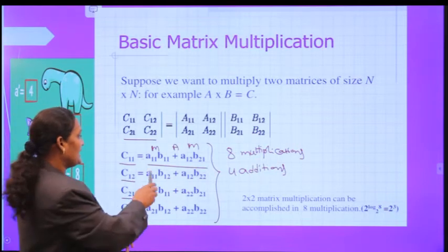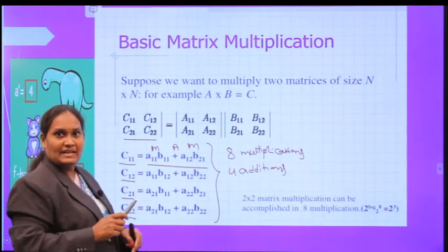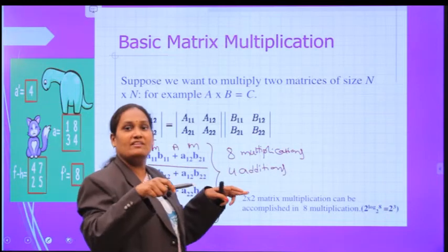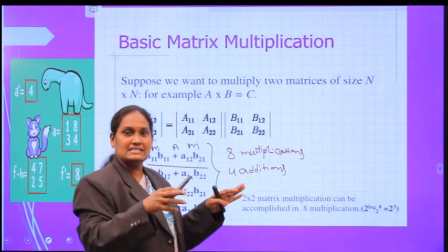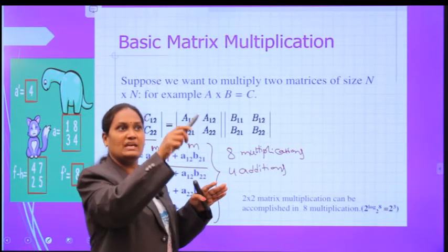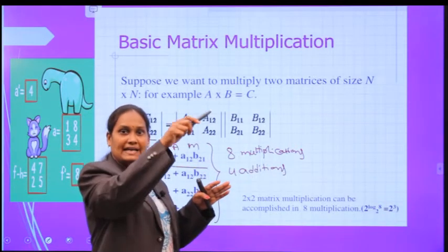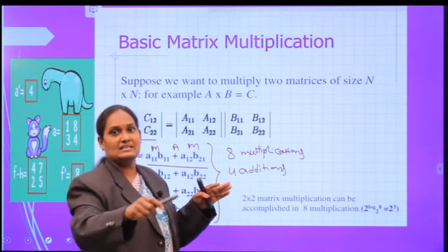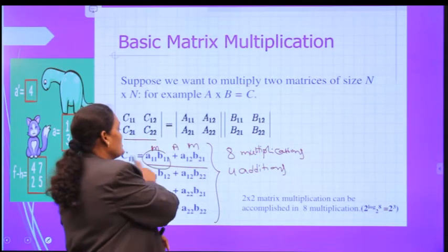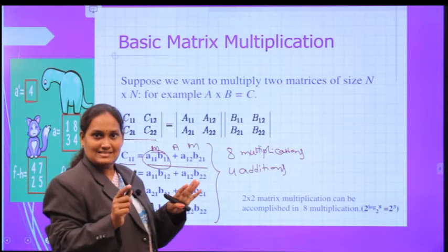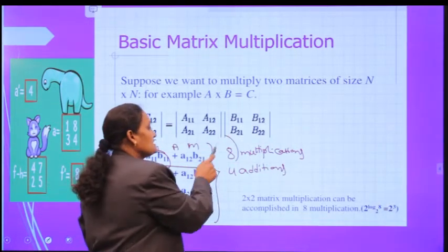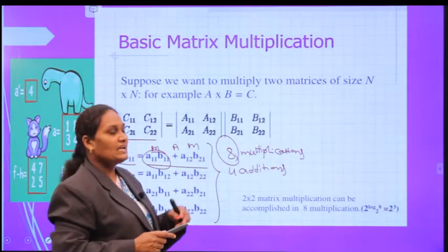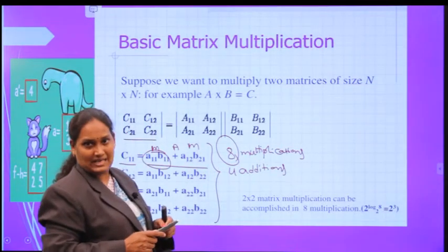That is, if you want to multiply A11 into B11, I need to take A11 number of B11s and add all those B11s. Then we will get the multiplication of these two. That is, we are performing a sequence of additions. If we reduce this number of multiplications, it automatically reduces the time complexity.